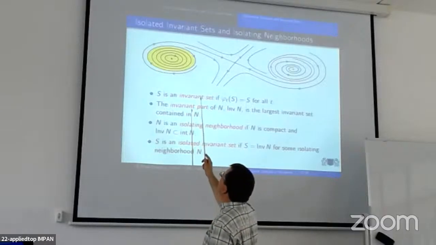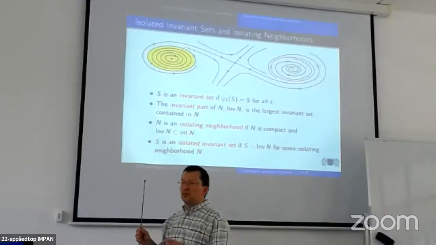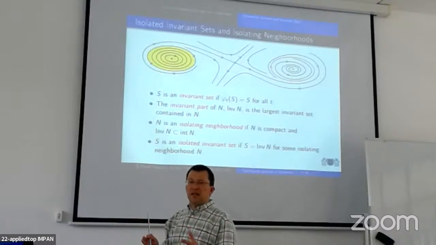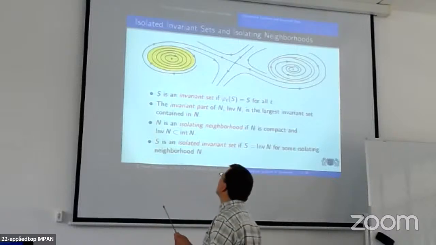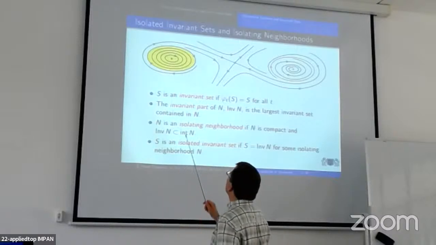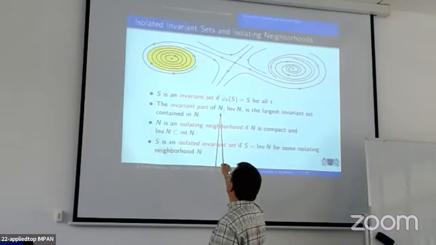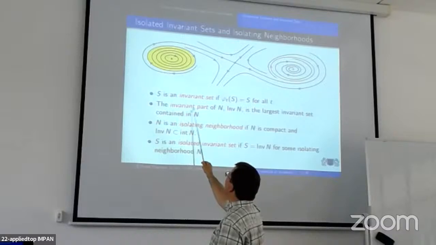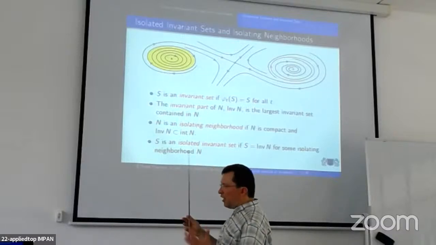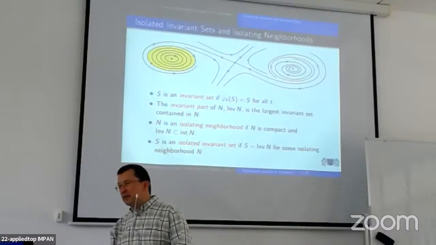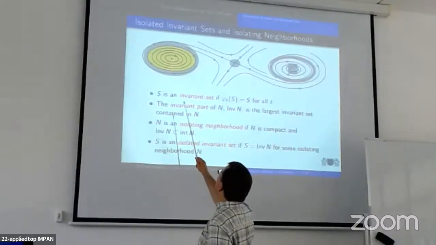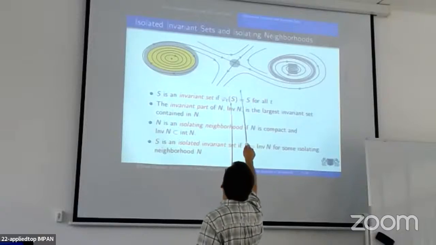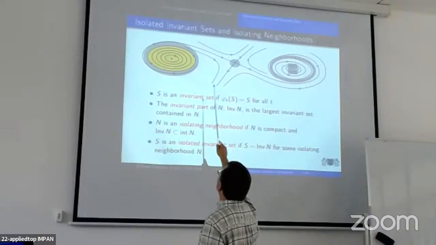And we would like to split the dynamics into invariant sets, but we don't want the sets to touch each other. So we want to have them isolated. So first, given any set N in this phase space, we say that its invariant part is the largest invariant set that still stays inside this set N. For example, here I put four sets marked in gray.